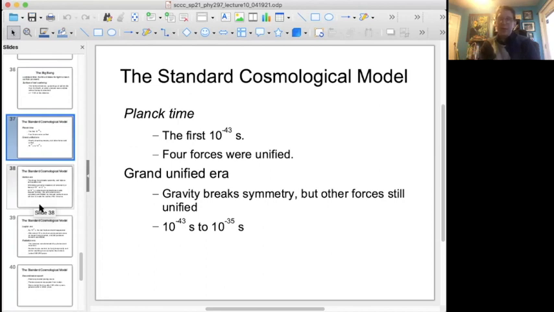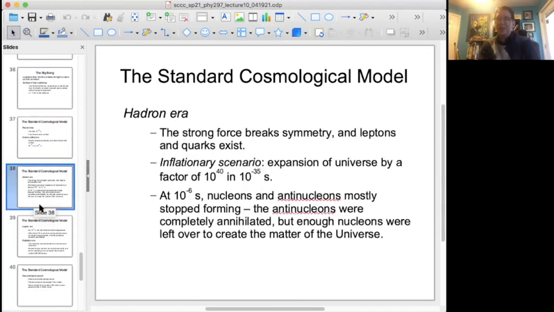In the grand unified era, between 10 to the negative 43 seconds and 10 to the negative 35 seconds, gravity distinguished itself from the other three forces. In the Hadron era, first the strong force broke symmetry, began to distinguish itself from the weak force and the electromagnetic force. And so that made leptons and quarks possible.